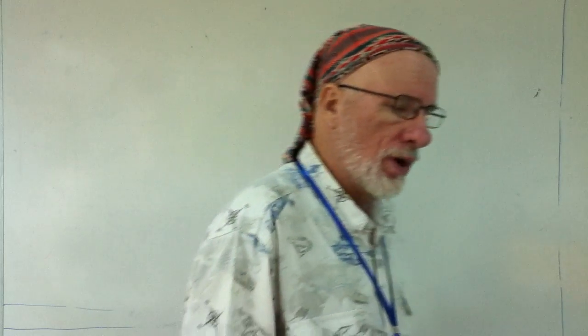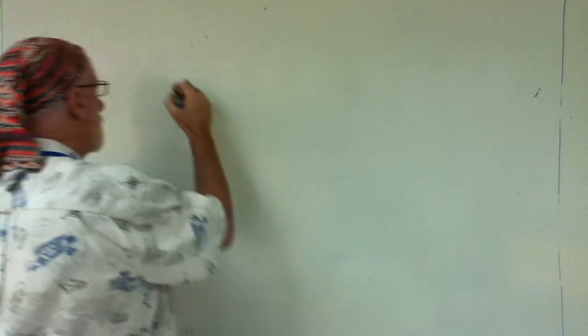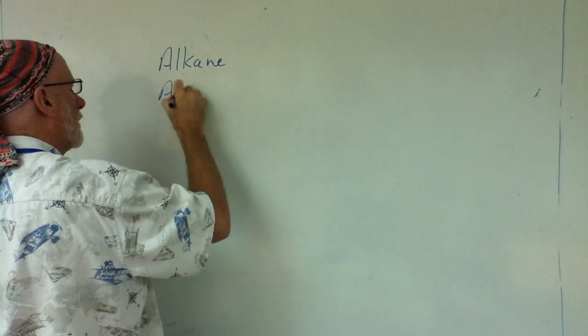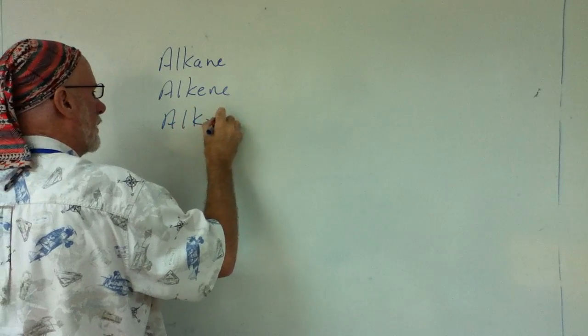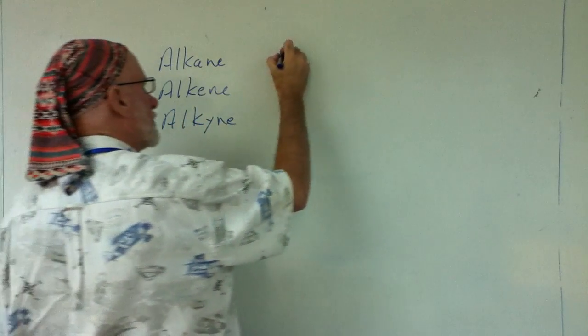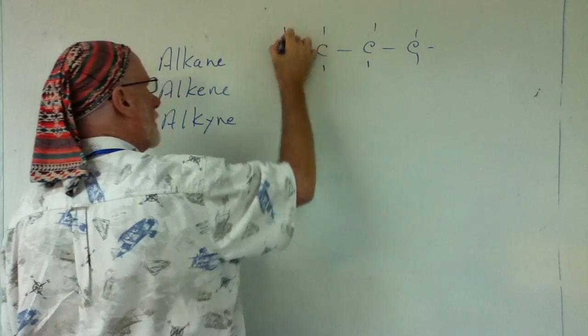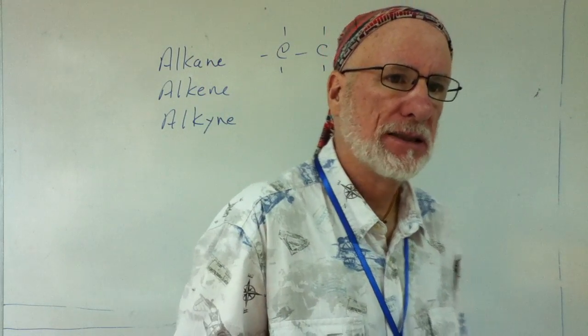Now, what is an alkane, an alkene, an alkyne? What is that? Remember? Bond between, say, carbon and hydrogen. Okay, these are all carbon-hydrogen, hydrocarbon chains, okay?